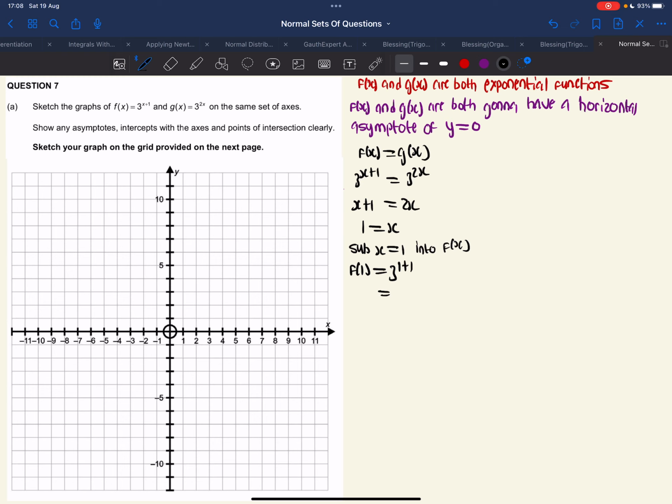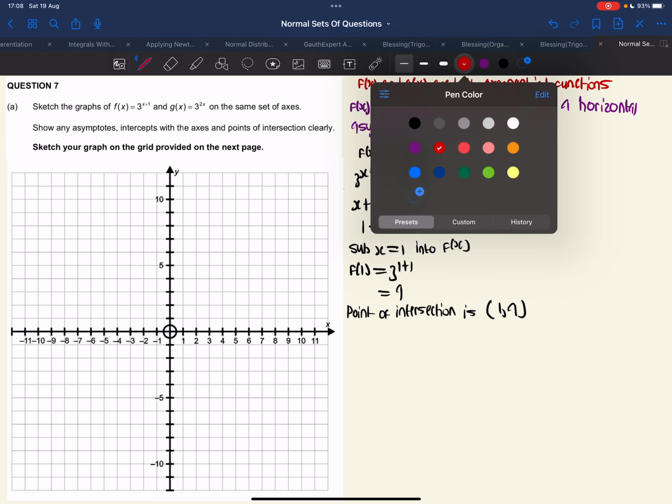Yes, you should get 9. So the point of intersection is actually (1, 9), right?